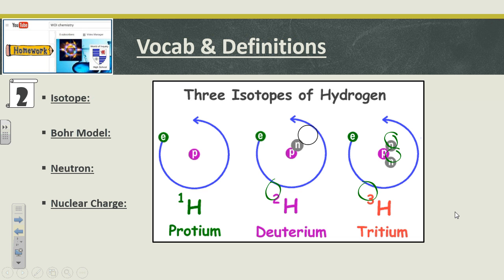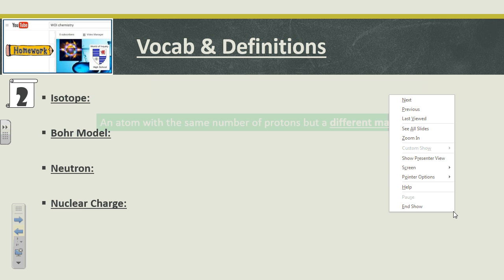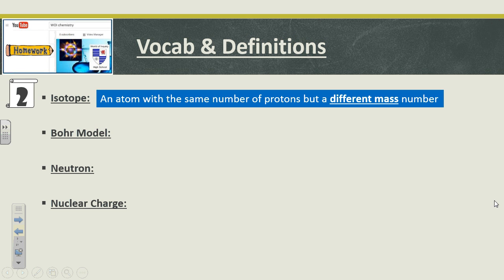So an isotope is the same element with a different mass, which means it has a different number of neutrons, because I can't change the number of protons. So if I add neutrons in, I will get a different mass.